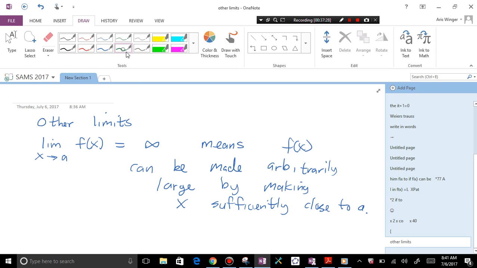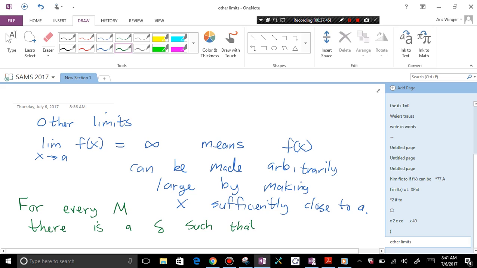And so for my few math majors, that means that for every M there is a delta such that f of x is bigger than M whenever the distance from x to a is less than delta.